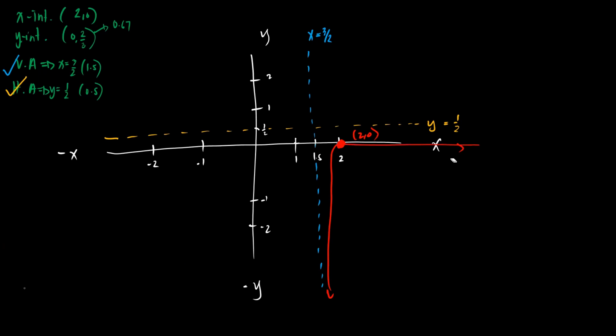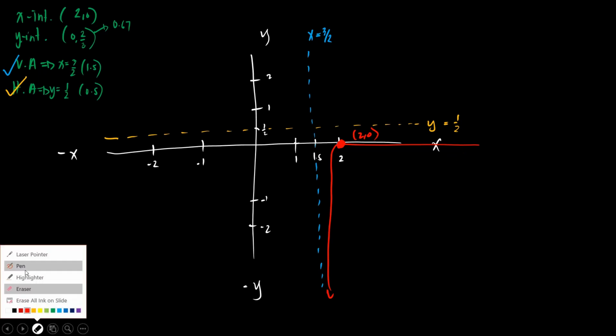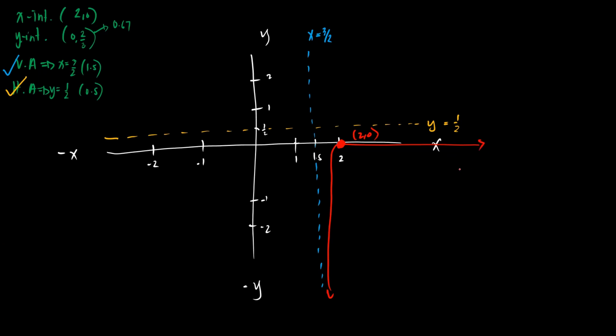Okay, tandaan na, it will never touch the asymptotes. Ang vertical asymptote natin is 3/2, so hindi siya dyan didikit. Ang horizontal asymptote naman natin is 1/2, so hindi pa rin siya dyan didikit class. Okay, now we're done with the x-intercept.